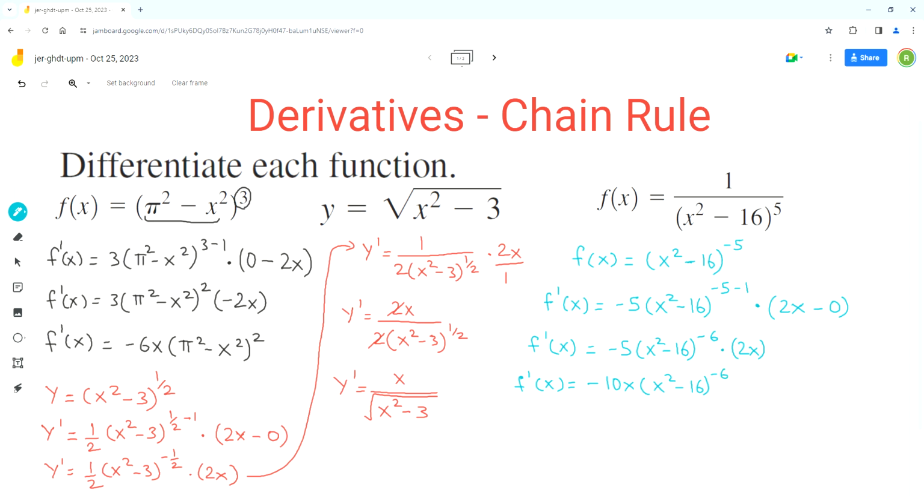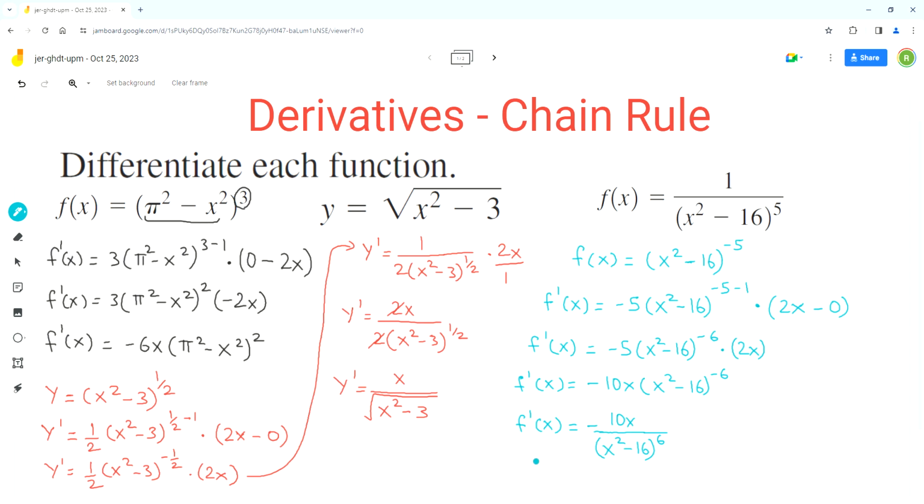Now we should not leave a negative exponent in our final answer, so we'll move the (x squared minus 16) to the denominator, and that will make the exponent positive. So f prime of x equals negative 10x over (x squared minus 16) exponent 6. So this should be the final answer for the derivative of this third function.